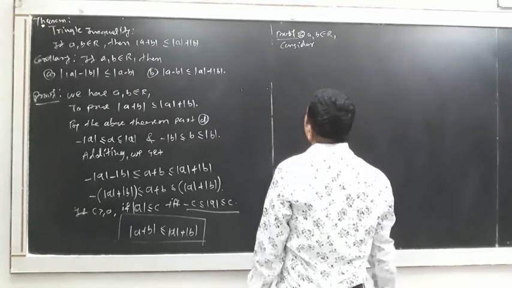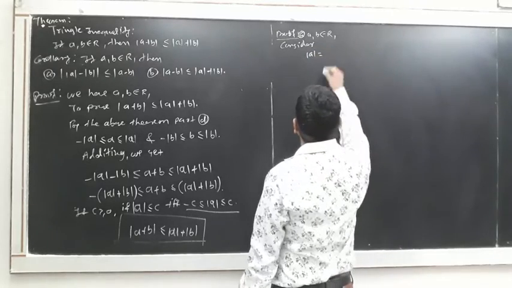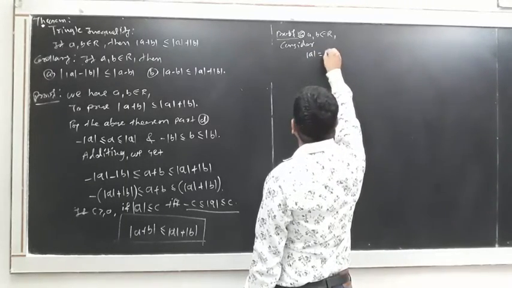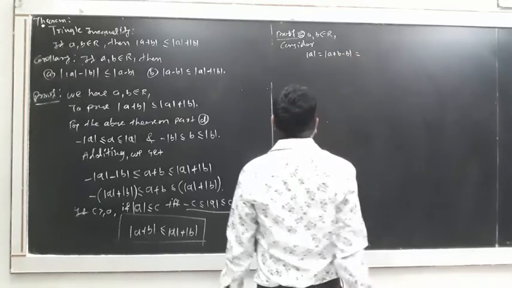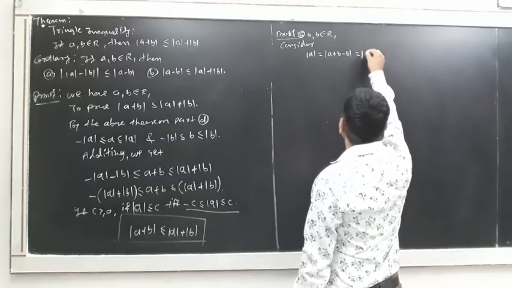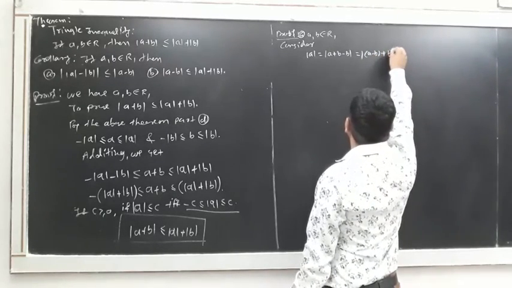Consider |a|, which we can write as |a + b - b|. This is equal to |(a - b) + b|.